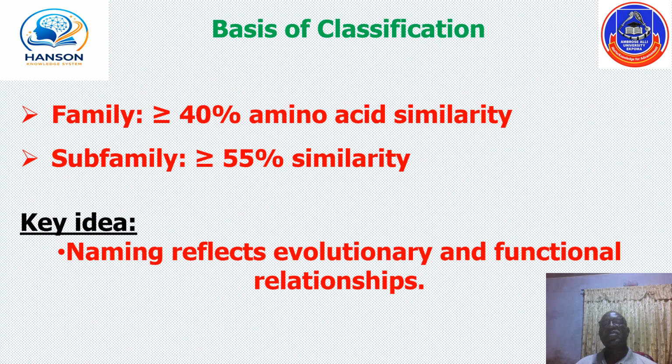Let's look at the basis of classification. In considering the classification, the family is considered as well as the subfamily. There must be 40% amino acid similarity among the enzymes for the family, and for the subfamily they should be greater than 55% amino acid similarity.